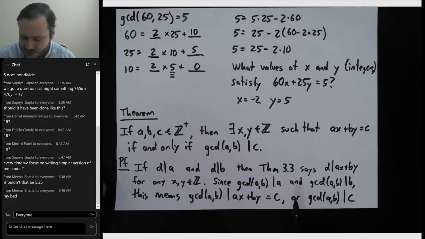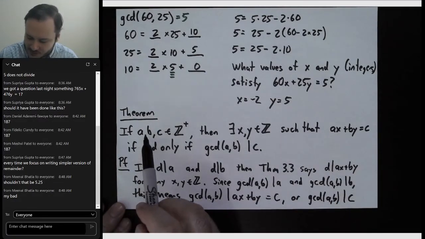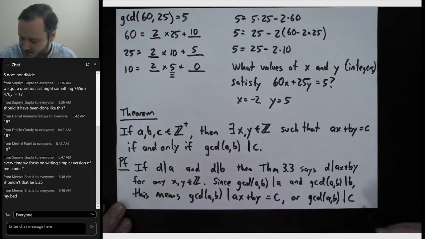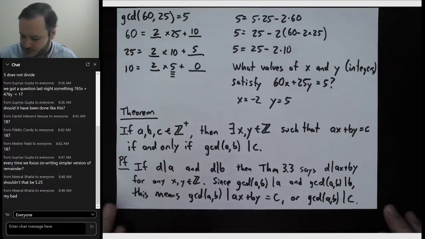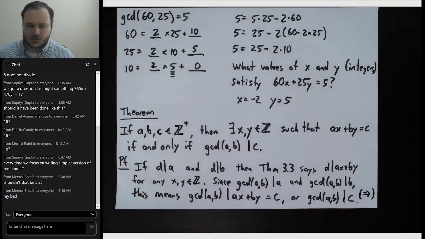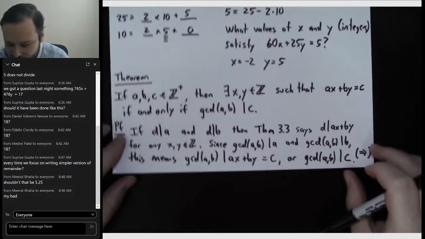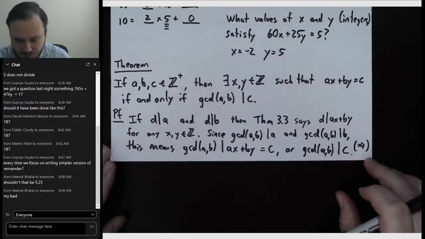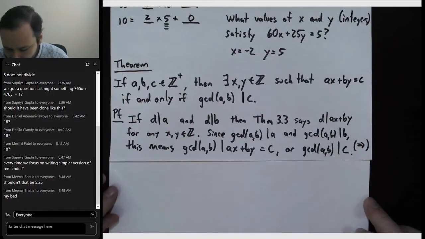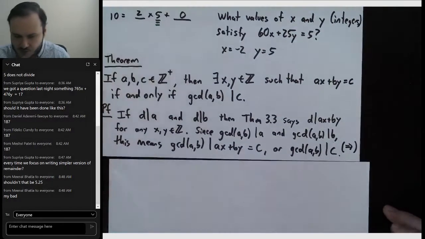So we've proven the forward direction. If there is a solution to this equation, then the GCD divides C. That part is true. So now we just need to do the reverse direction. Now we need to assume that the GCD of A and B divides C and show that a solution exists.